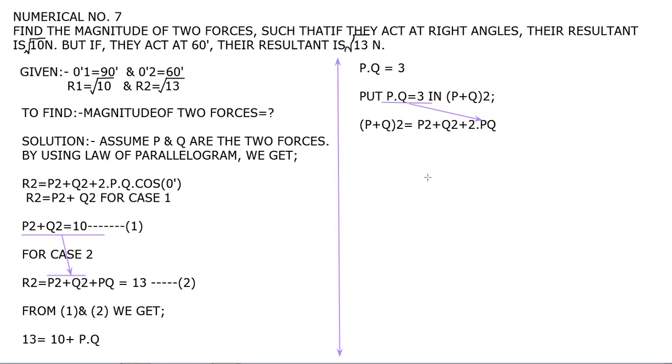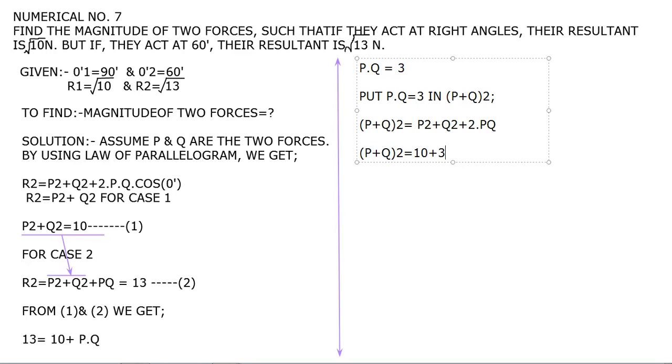Okay. So therefore, P plus Q whole bracket square will be equal to P square plus Q square plus 2PQ. But we know that P square plus Q square is equal to 10, and we know that PQ is equal to 3.